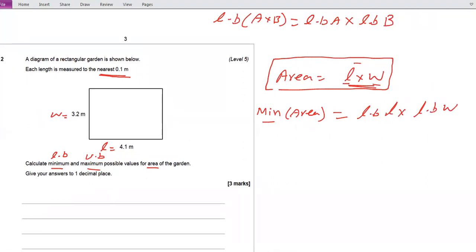So it means I have to find for maximum. Now what will be the formula for the maximum area? Maximum means upper bound.